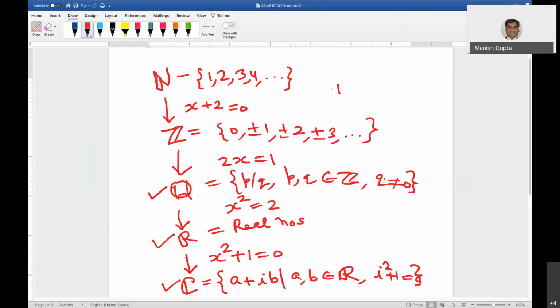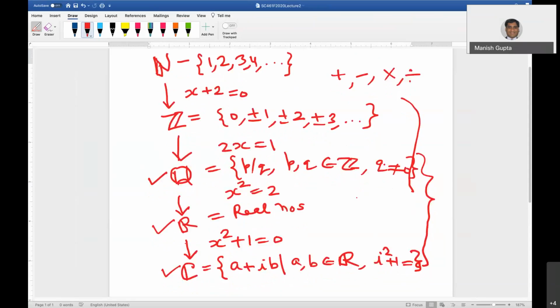So those sets are known as fields. So we have Q, R, and C as fields. But these are examples of infinite fields because the number of elements in each of these sets is infinite.